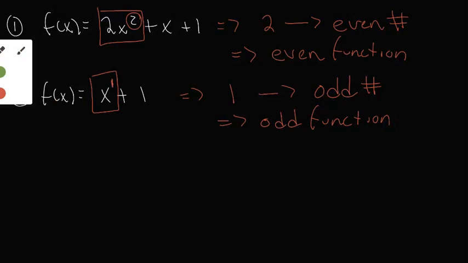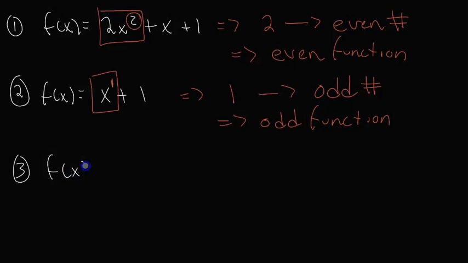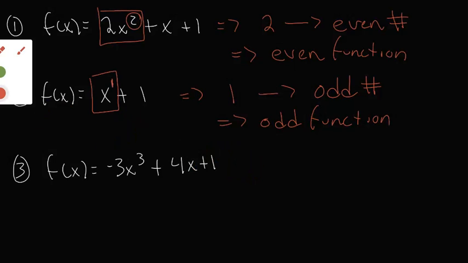Now let's look at example number 3. Let's say that we have something like f of x equals negative 3x cubed plus 4x plus 1. Again, we are going to identify the x with the greatest power.